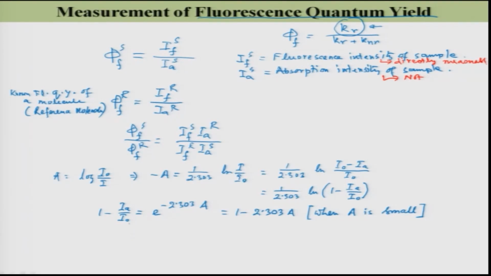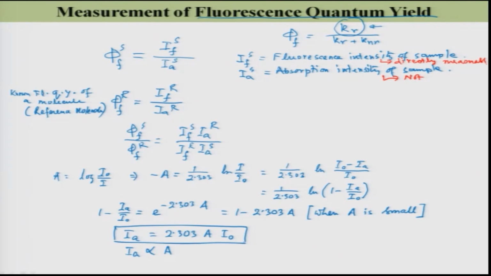So, this will cancel out. So, I_A equal to 2.303 A into I_0, right. So, I can write this I_A is proportional to A, right. So, I_A is proportional to A.